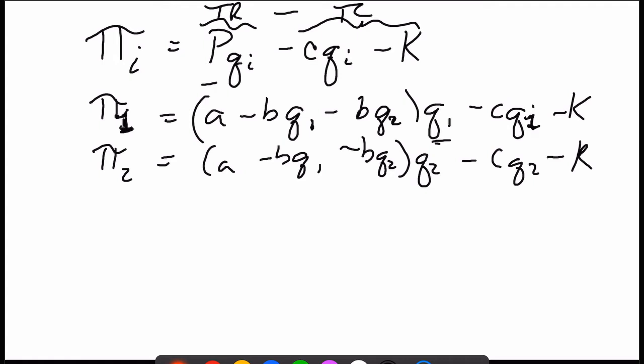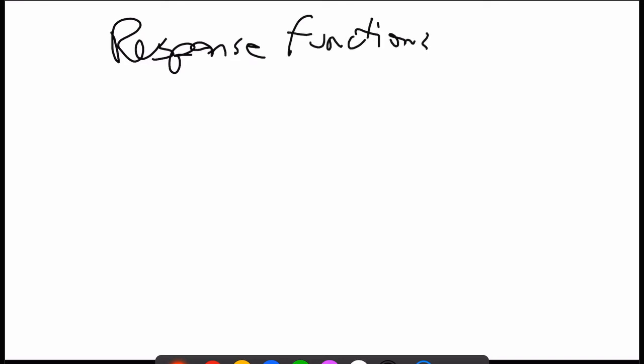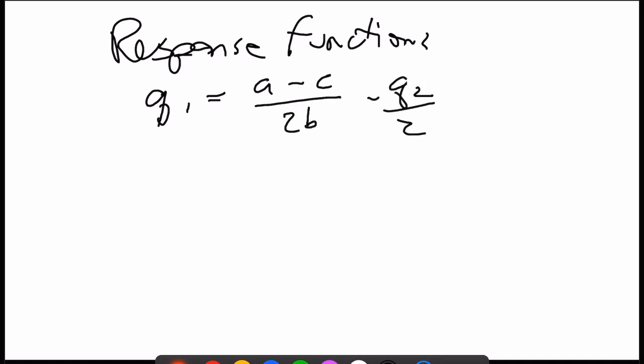Now we differentiate these all and do a little math, and we get what are called response functions. Okay? And you can do this math. It's not important that we do it, but Q1 equals (A minus C) over 2B minus Q2 over 2.